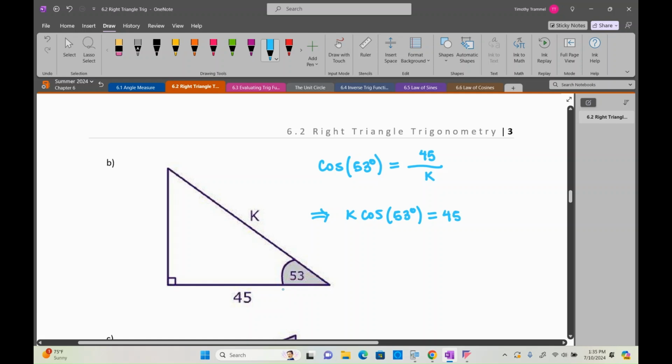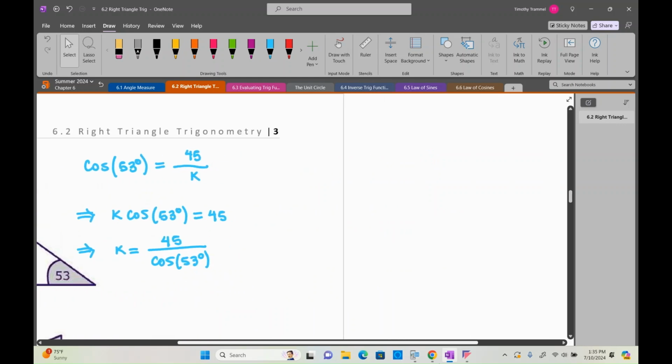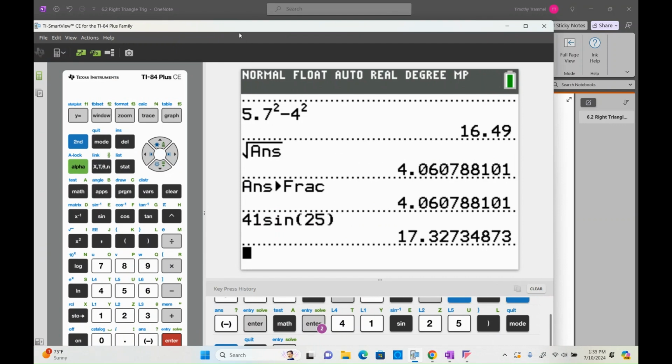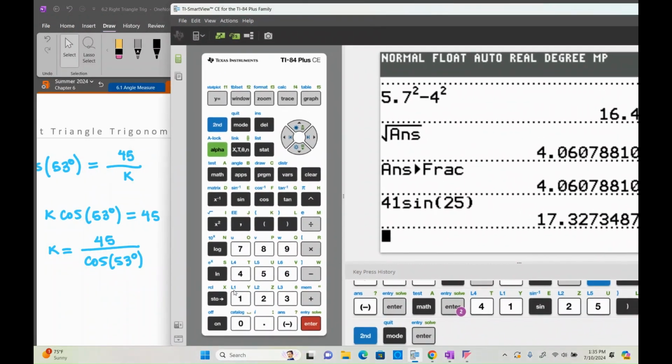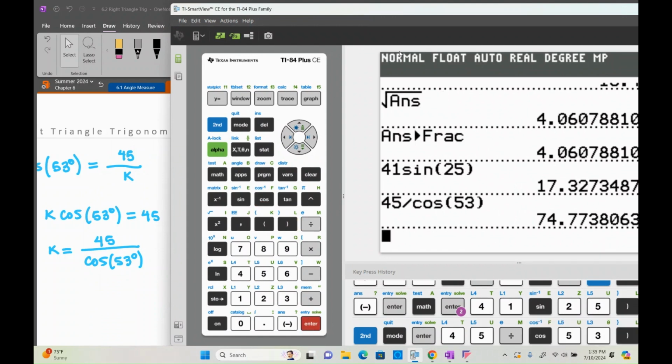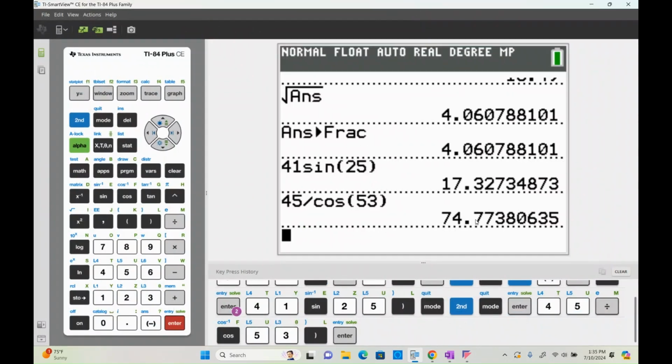And then to finish solving for k, I'm going to divide each side of the equation here by cosine of 53. There we go. And so once again, I'm going to scoot this over and we can plug it in and we'll round again to the nearest whole number. So we have 45 divided by cosine of 53. And if we round that one to the nearest whole number, that's going to round to about 75.